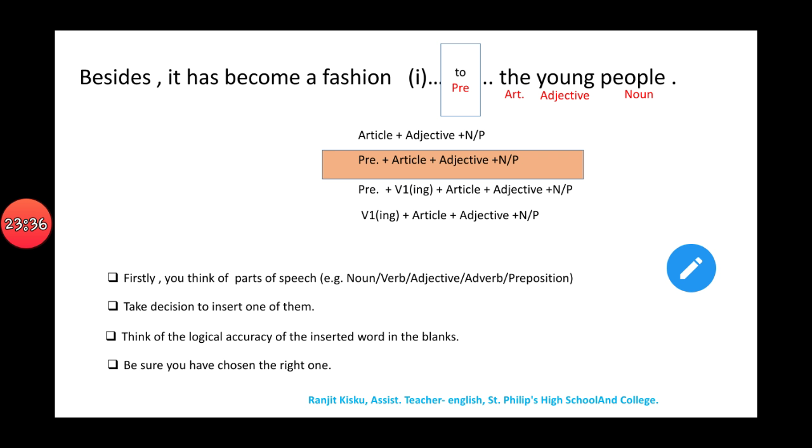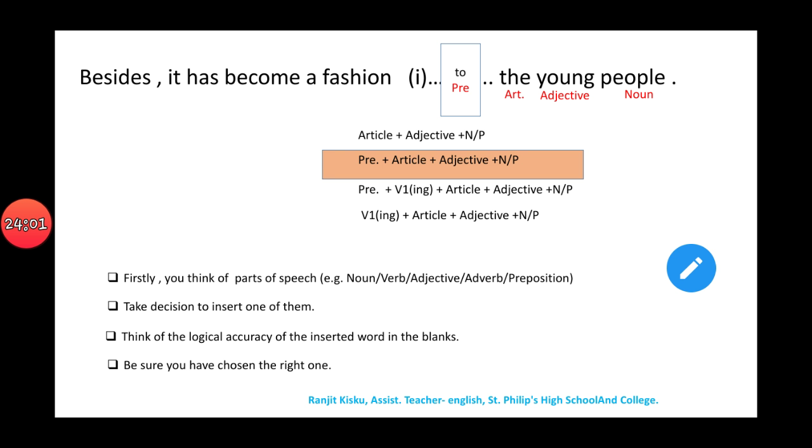We will use the preposition "to": Besides, it has become a fashion to the young people. Okay, just think in your mind that you are dealing with the context technically, where you need a preposition, why, and why to use it.